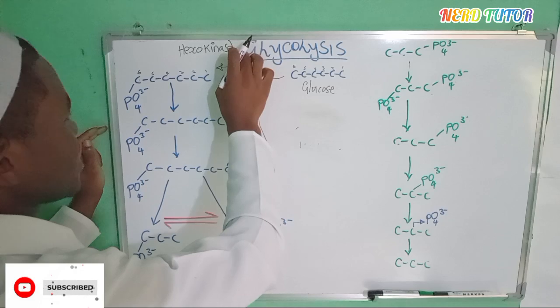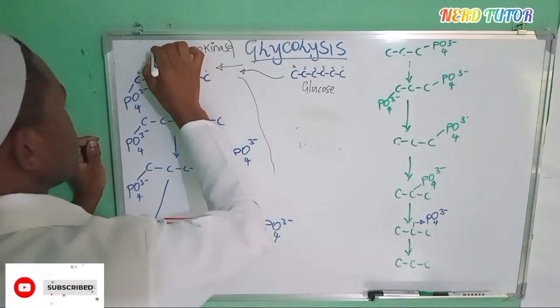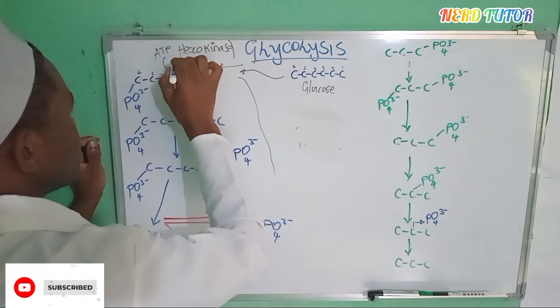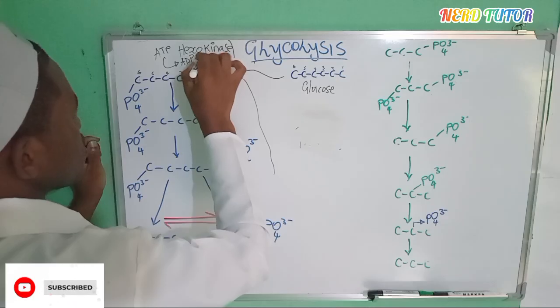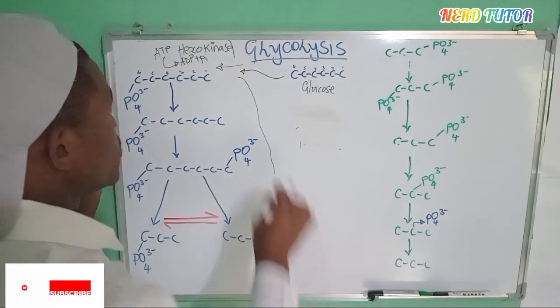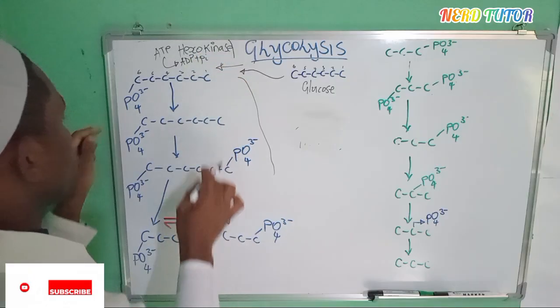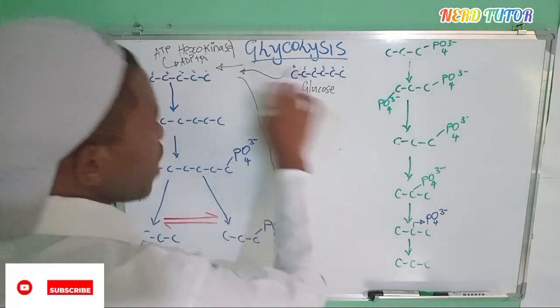Hexokinase brings the ATP and breaks it down to ADP and the free phosphate. When it breaks down the ATP, this phosphate is the same phosphate that will be attached to this glucose so that this glucose doesn't go back.